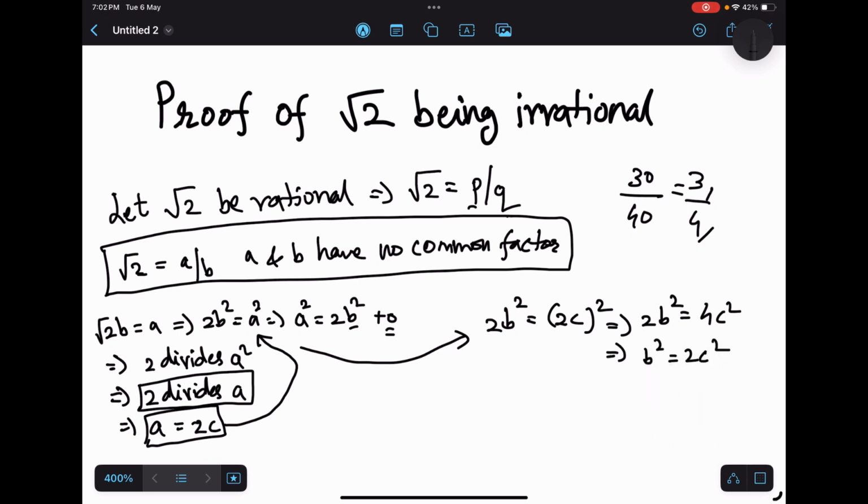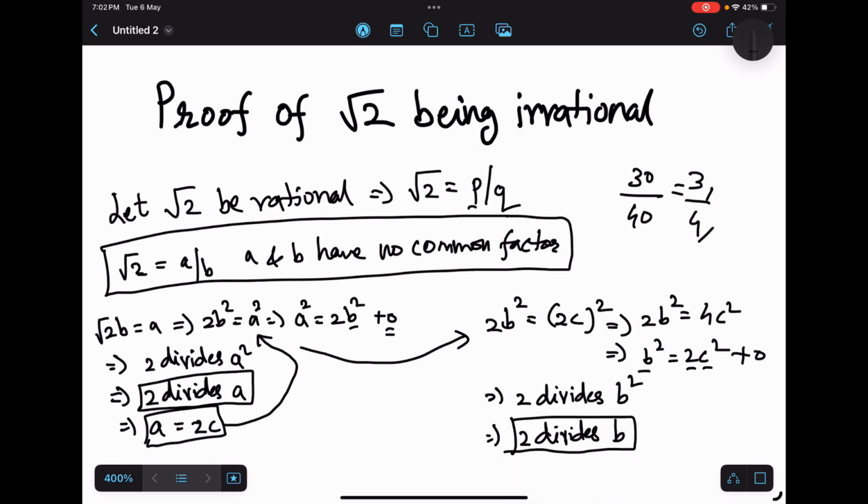Again, b square is equal to 2 into something plus 0, so 2 divides b square. That would again imply 2 divides b.